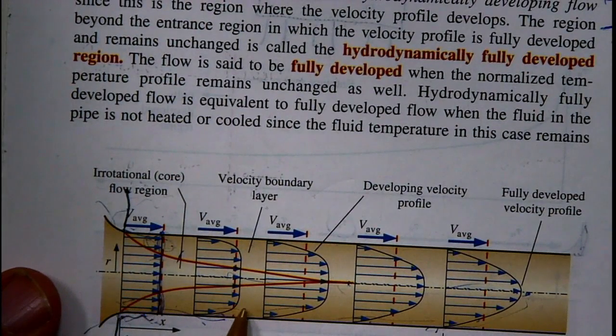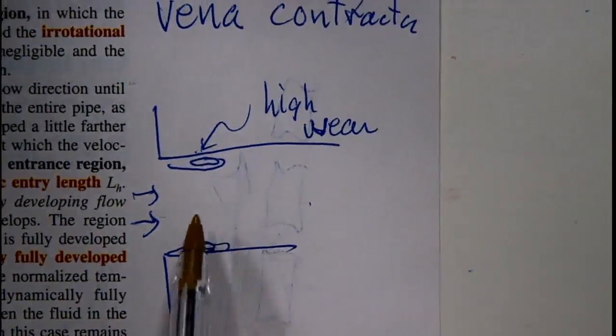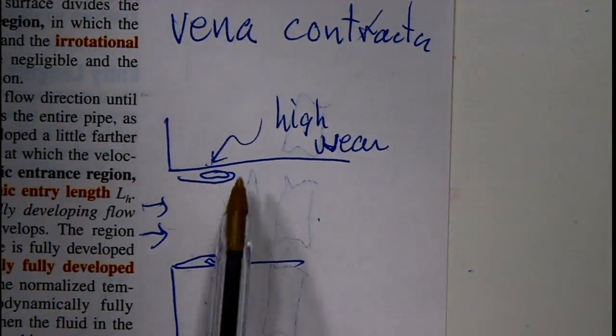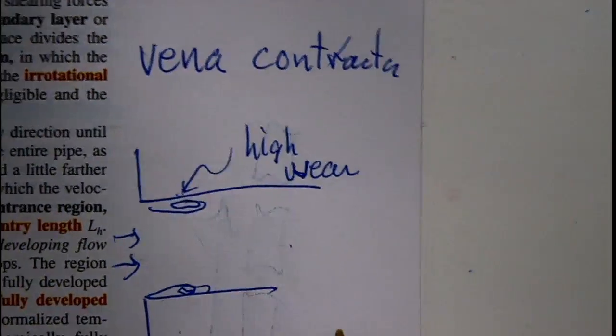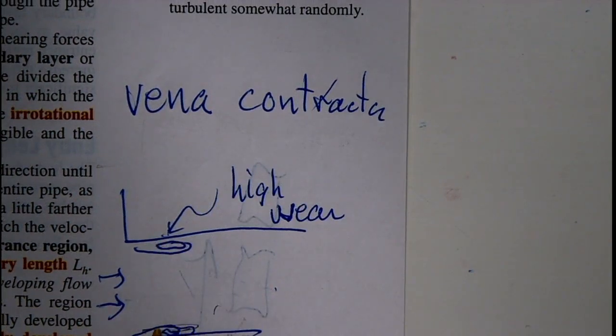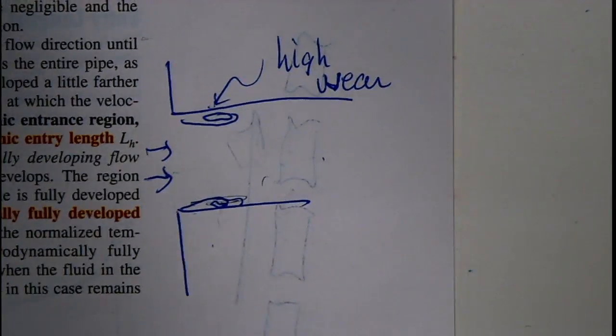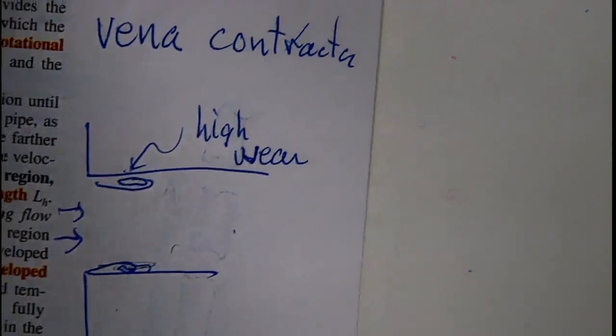From a mechanical engineering point of view, you have this as a wear region, whenever you're entering. You can also have in this region what they call a vena contracta, which is vortices that are rotating this way, and that gives you a high region of turbulence, so to speak, and wear.